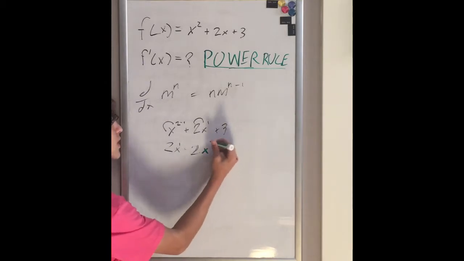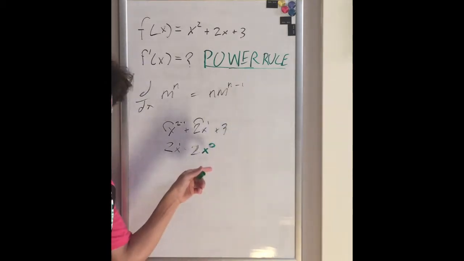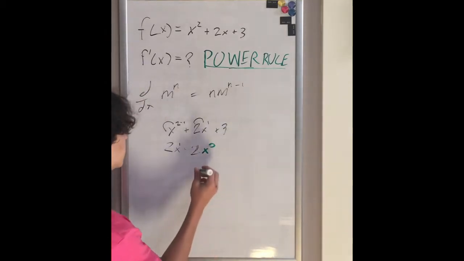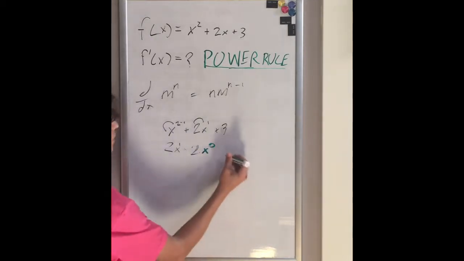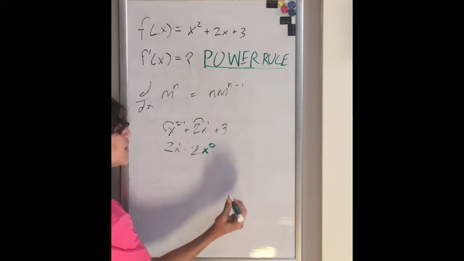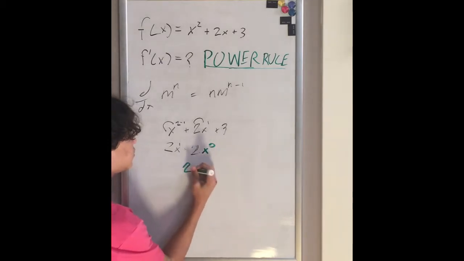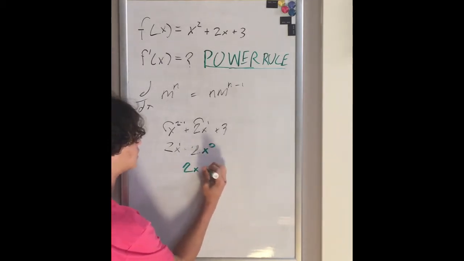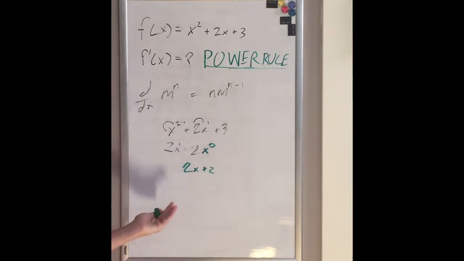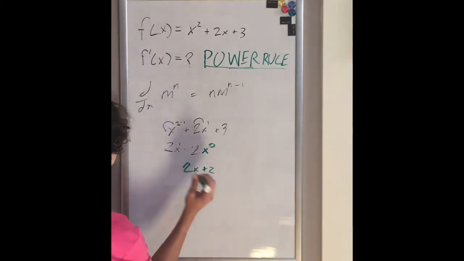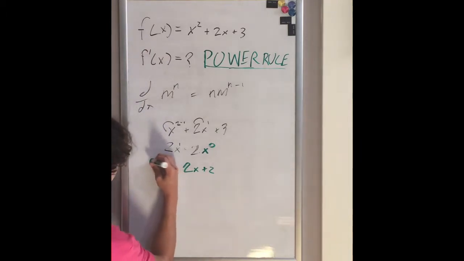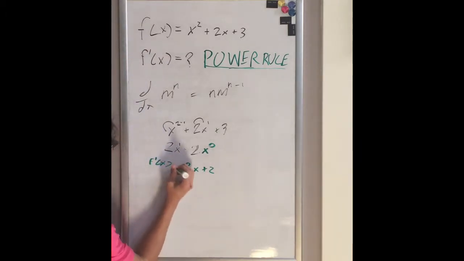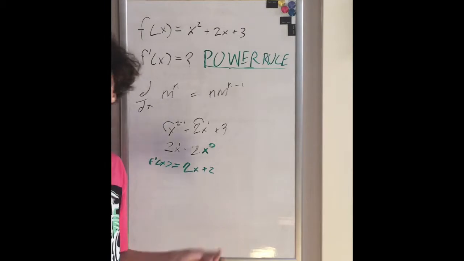So 1 minus 1 is 0. x to the power of 0 is 1. So really, this is 2 times 1, which is just 2. So then that's going to simplify down to 2x plus 2. And that's the derivative. So f prime of x equals 2x plus 2. And that's the power rule.